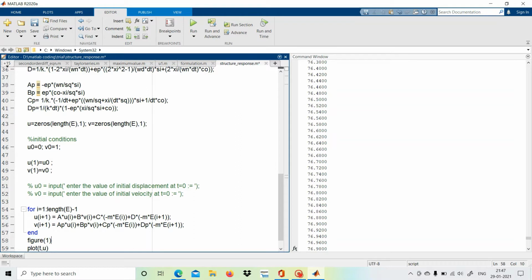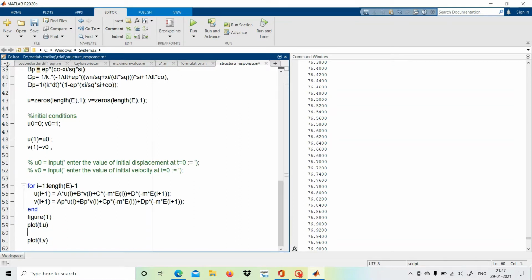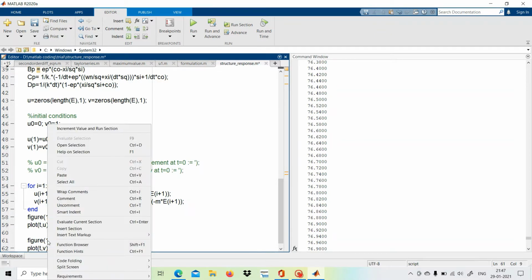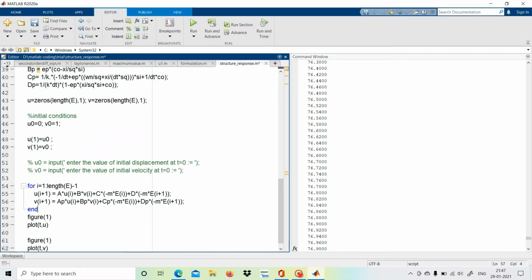Figure 1 is for the displacement, and figure 2 would be for velocity. And then we will run.